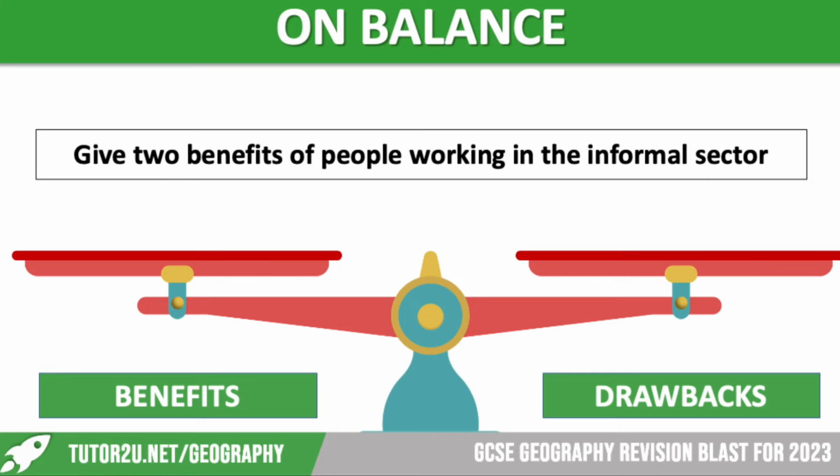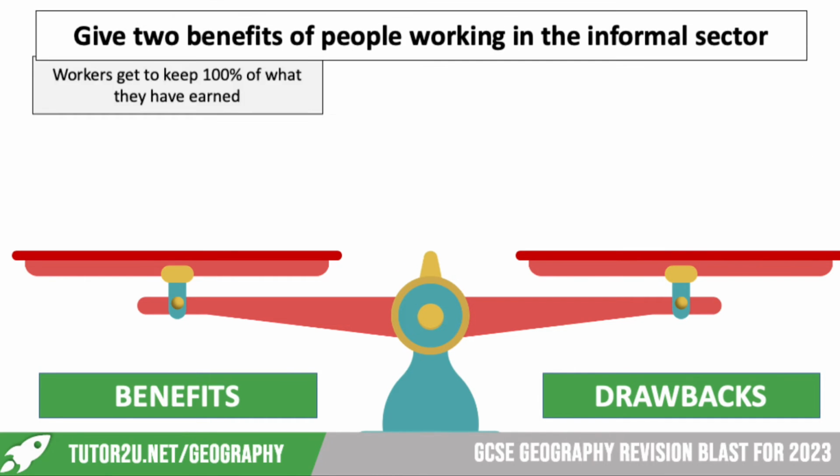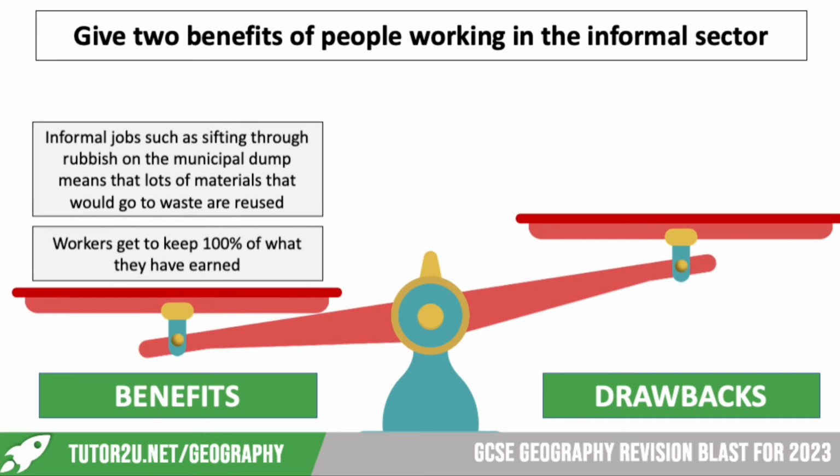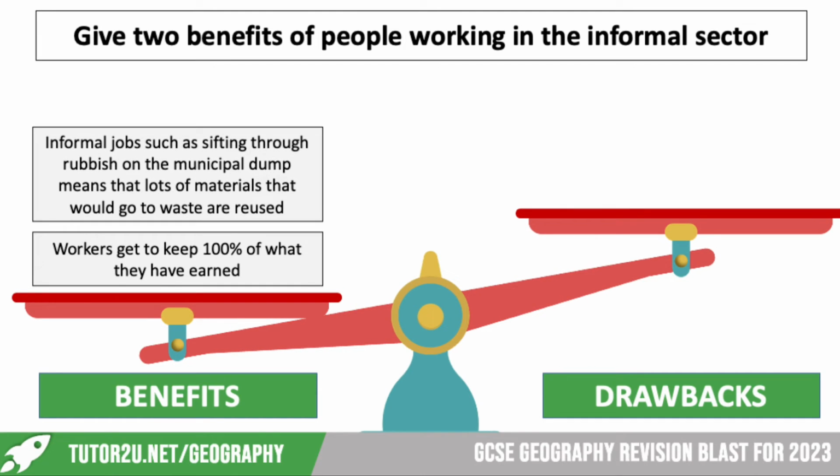If you haven't paused, then please do, because we are just about to reveal the answers here. Okay, let's have a look. So 2 benefits of people working in the informal sector are that workers get to keep 100% of what they've earned. Many people in this country get quite cross that there are so many deductions taken out of their monthly salary.